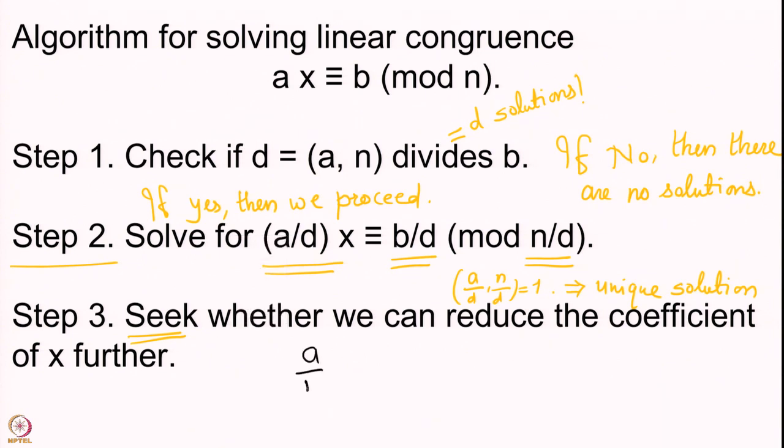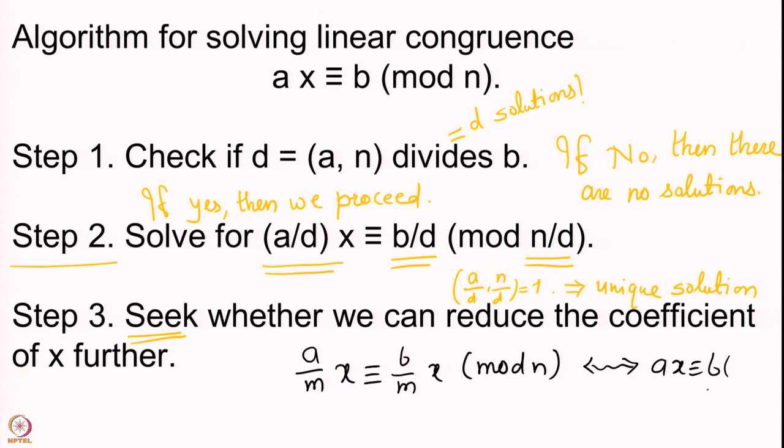So, you can look at a m x congruent to b m x mod n. Solutions to this are related to solutions to a x congruent to b mod n. This is our second step.